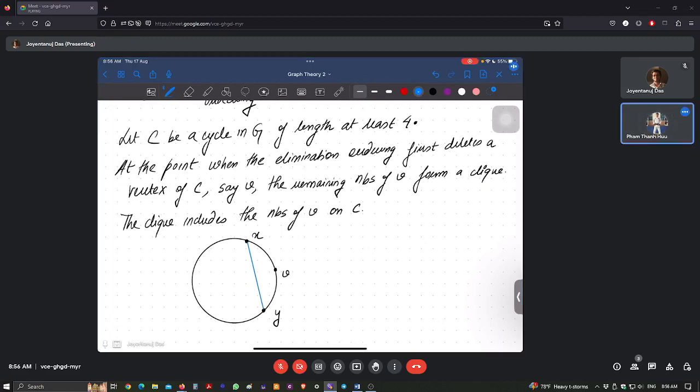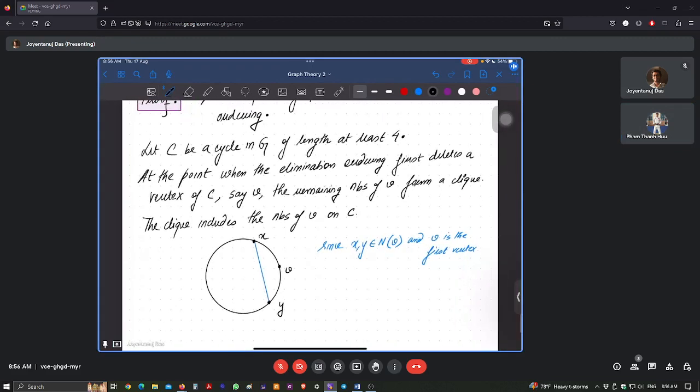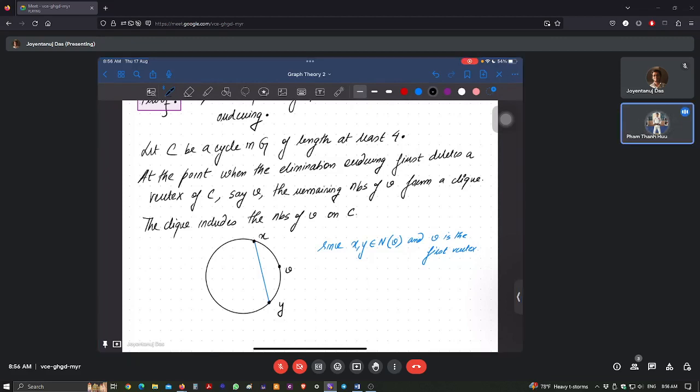Since X and Y belong to this neighborhood of V, and V is the first vertex that appears in that ordering. So this line is important, that V is the first vertex.